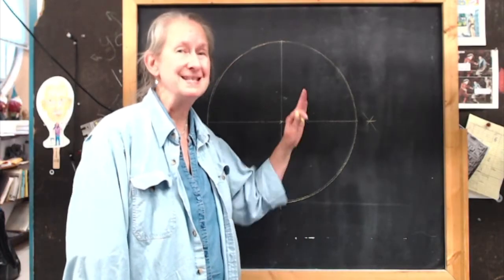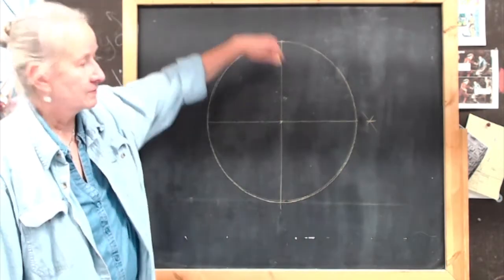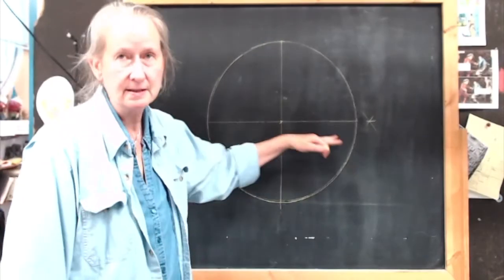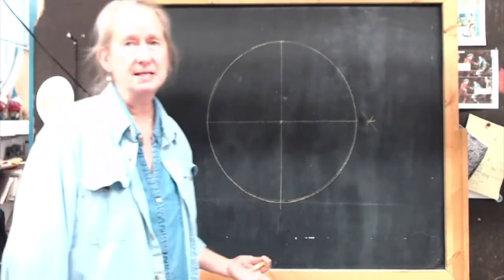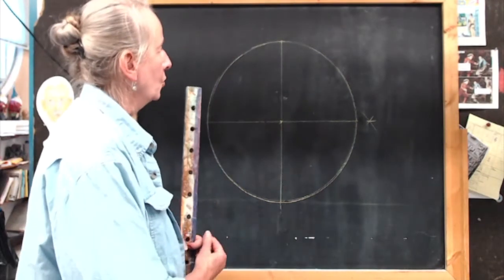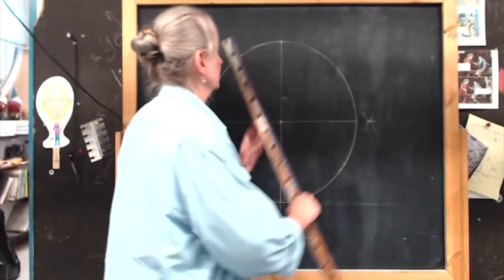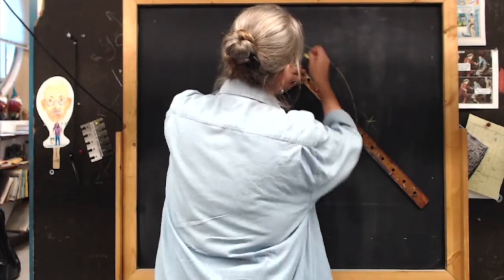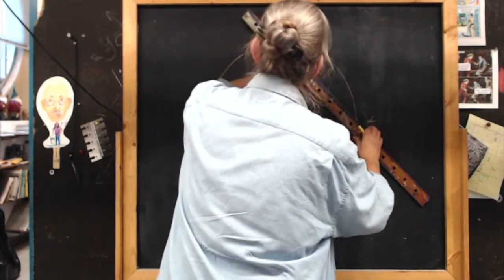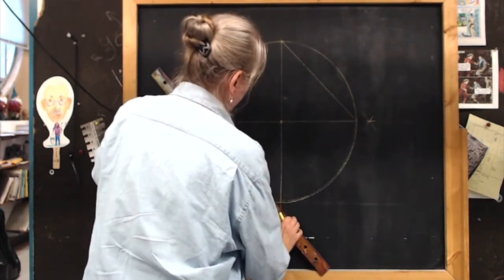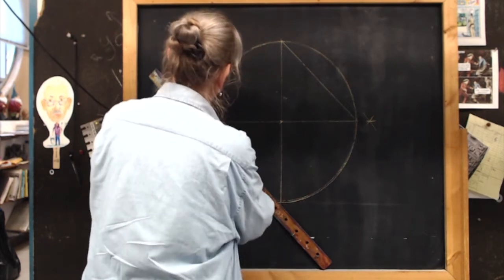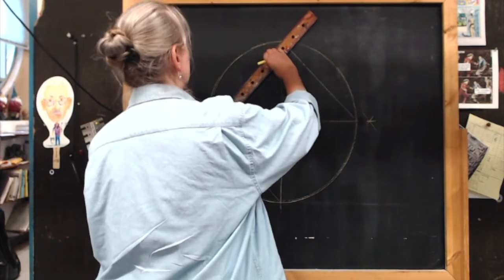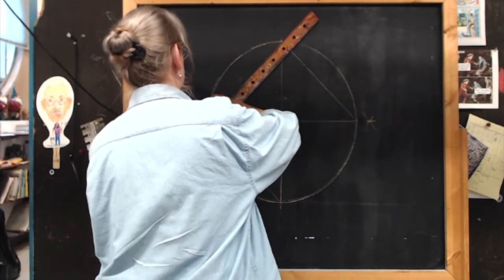So that's called bisecting a line. When we found a line that was perpendicular to another line, or in bisecting the form, the term is bisect a line. Okay, so now the thing that's cool about geometry, again, having done this, we can actually draw a square inside this circle just from the points of these two perpendicular lines.